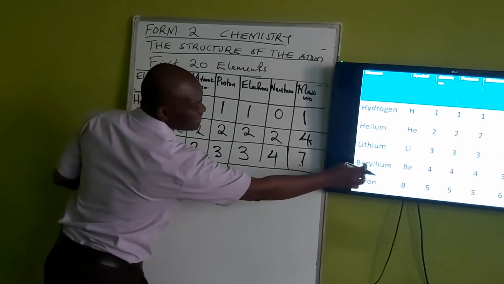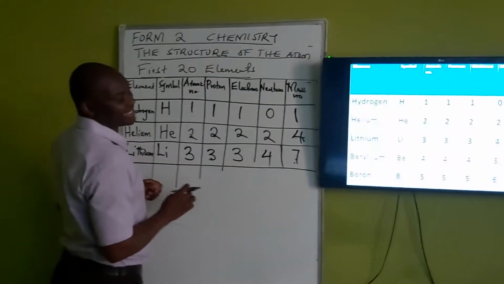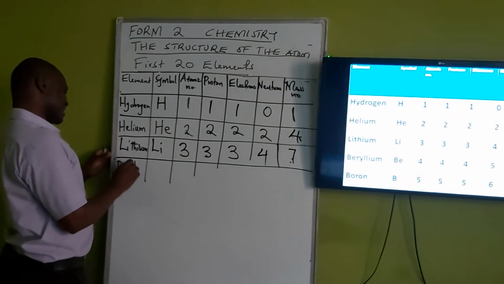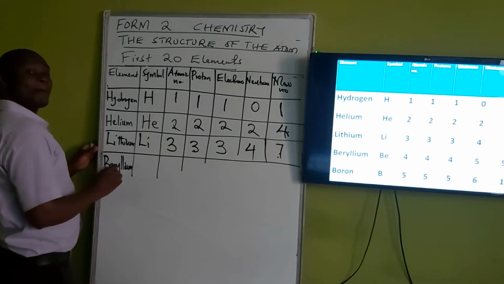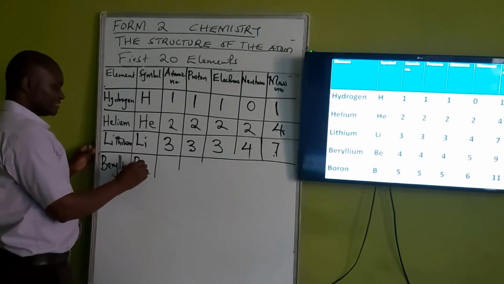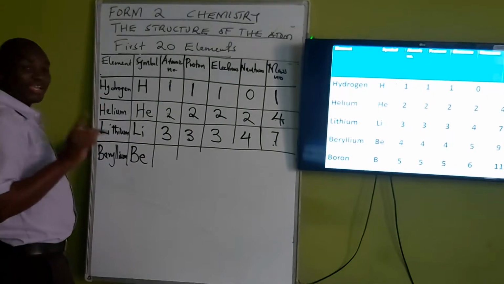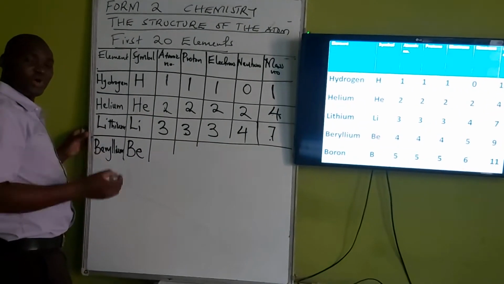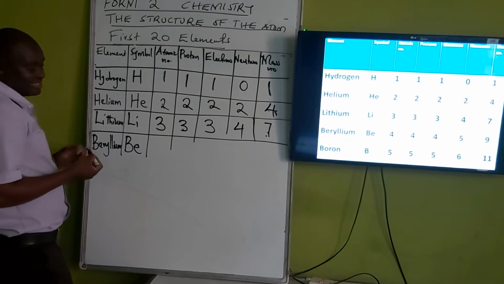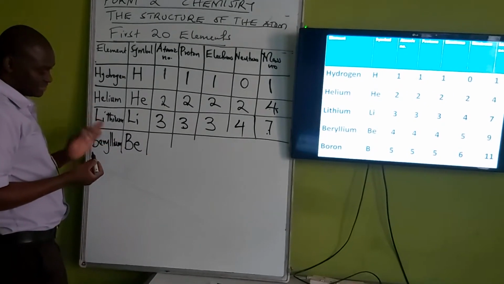Move on to the next example. The next example here is beryllium. Beryllium is capital B, small e. When writing symbols, don't join the letters. The letters should be separate.